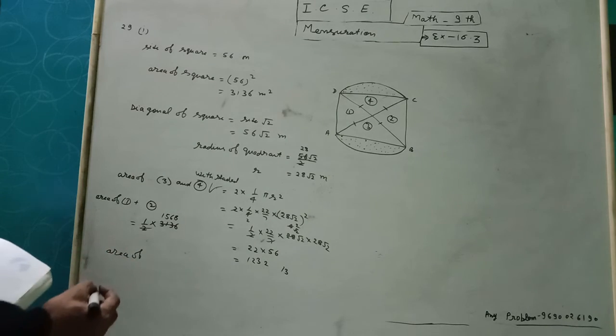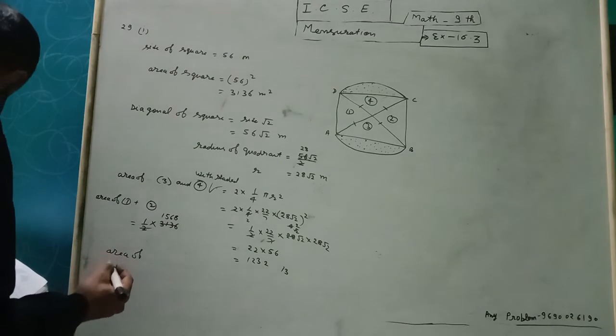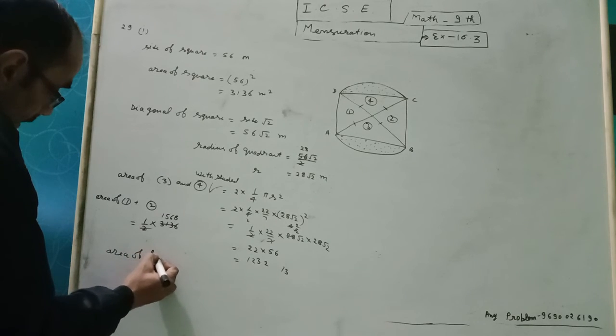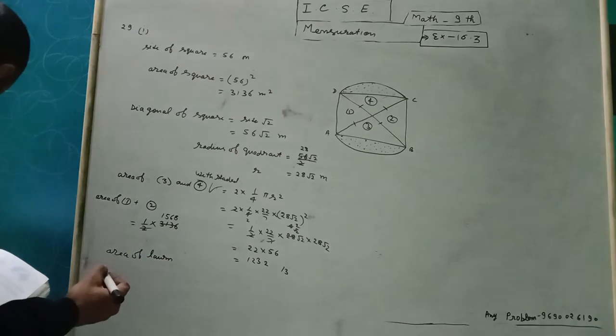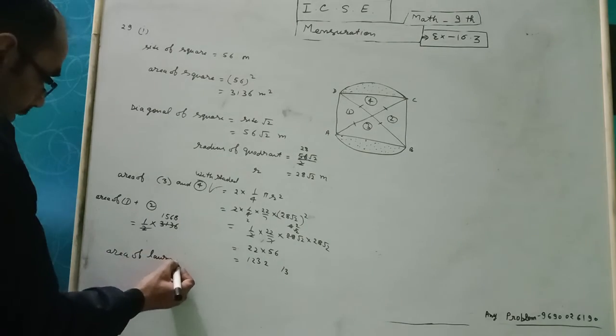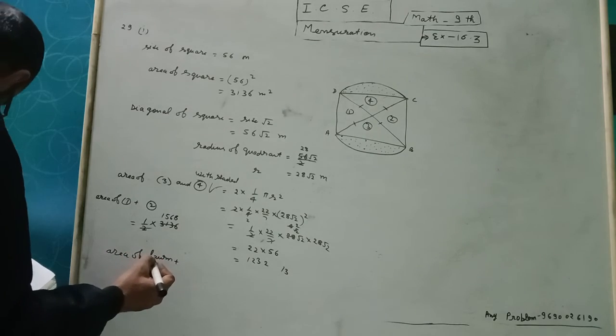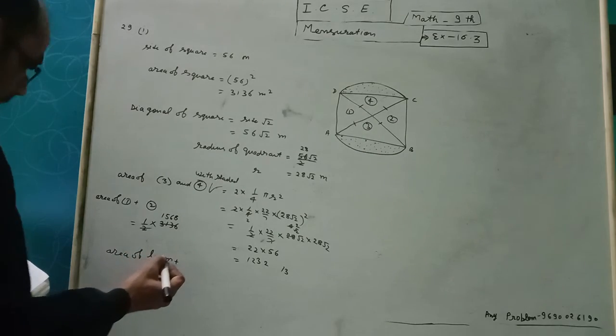Area of lawn and area of flower bed. Area of lawn is without the dotted part, and flower bed is dotted.